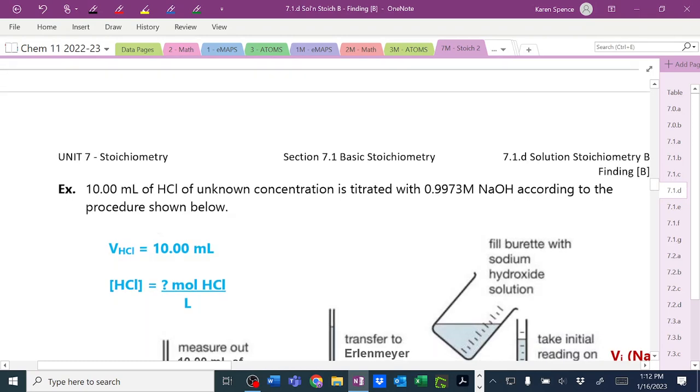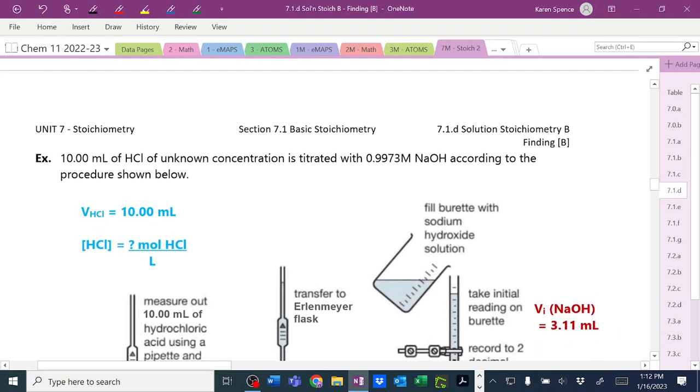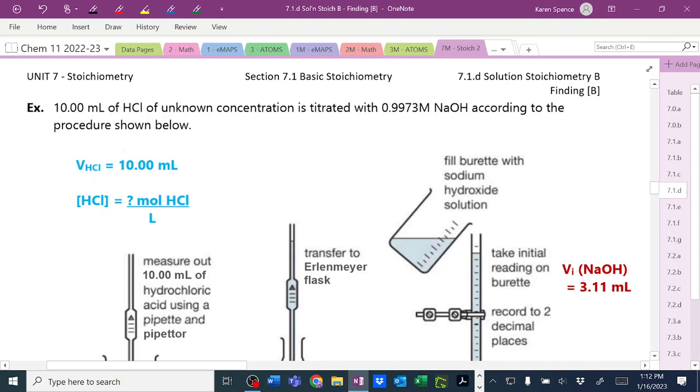All right, so here we go. Here's like a little picture thing. Like I said, we'll do an actual one tomorrow so you can see it physically. 10 milliliters of HCl is titrated with 0.9973 molar NaOH, according to the procedure shown.